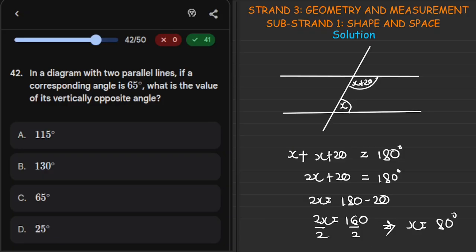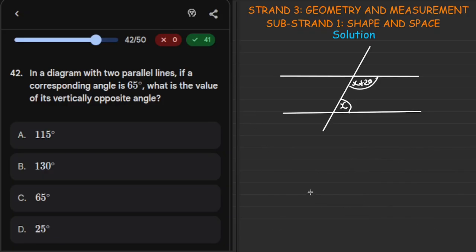Very simple. Question number 42. It says, in a diagram with two parallel lines, if a corresponding angle is 65 degrees, what is the value of its vertically opposite angle? Let's illustrate that here as well. The corresponding angle, we can have it here as 65 degrees.